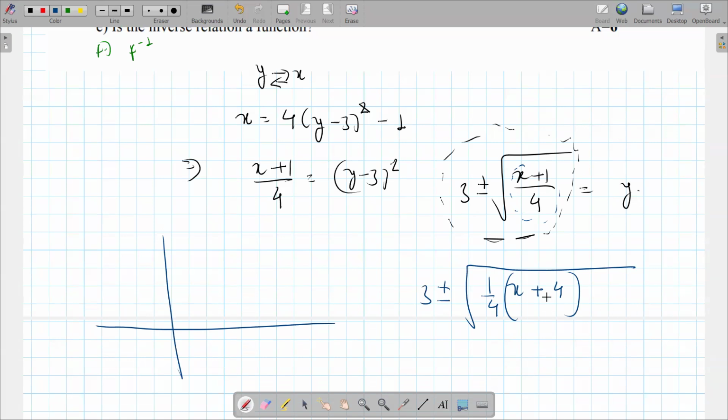So it goes left 1 unit and then goes 3 units up and 3 units down. Okay, so I think it looks like 3 units up.